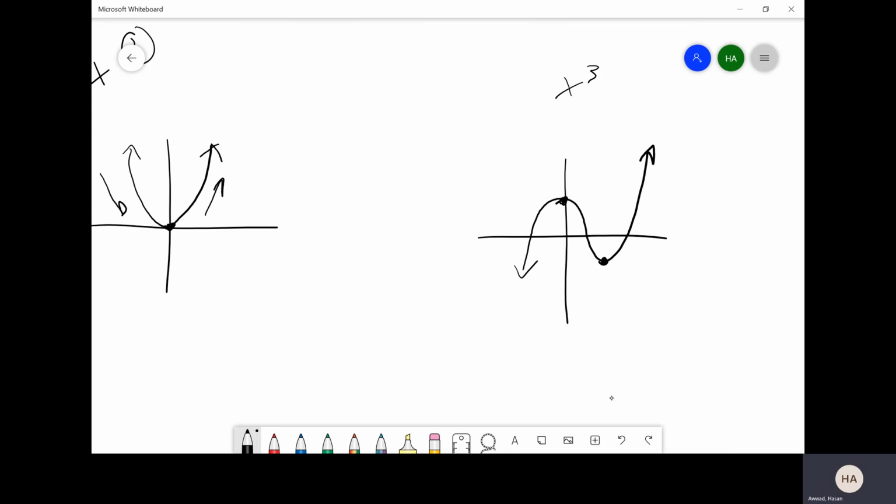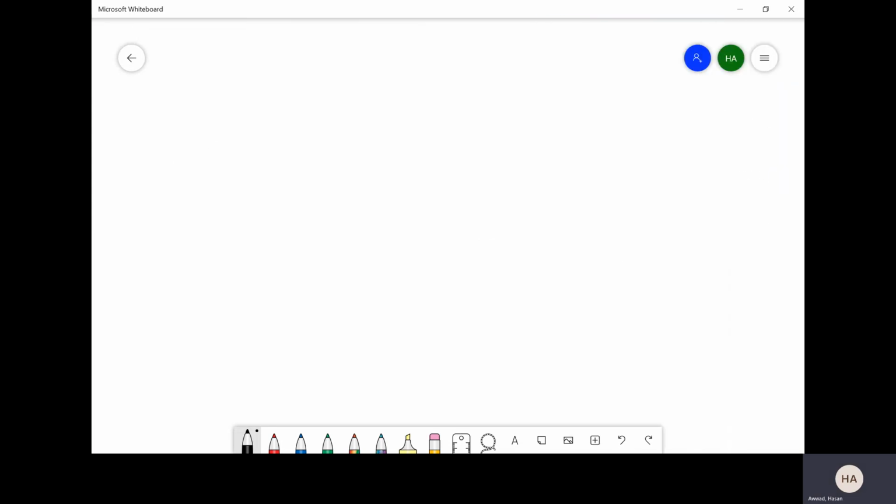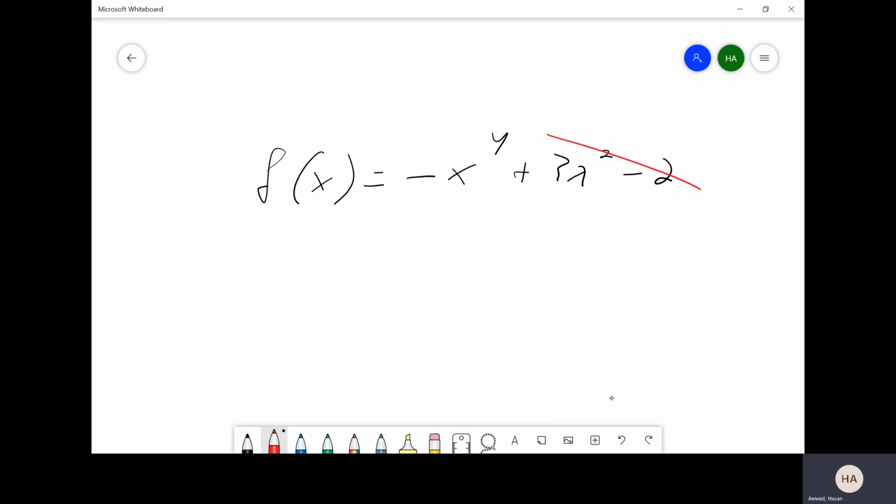Okay, and to really hammer down this nail, find how many turning points are in the function f of x equals negative x to the 4th plus 3x squared minus 2. Again, we're only concerning ourselves with the highest power. So the 3x squared minus 2 piece does not matter in regards to turning points.